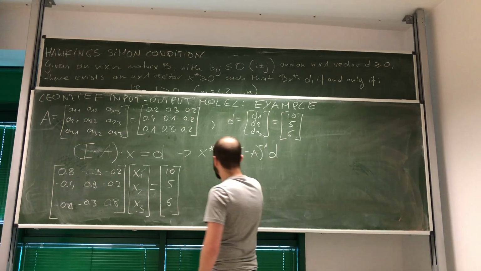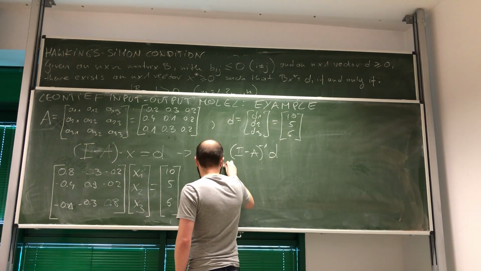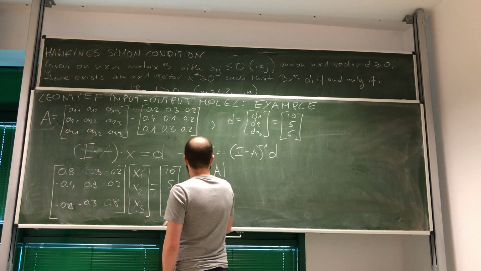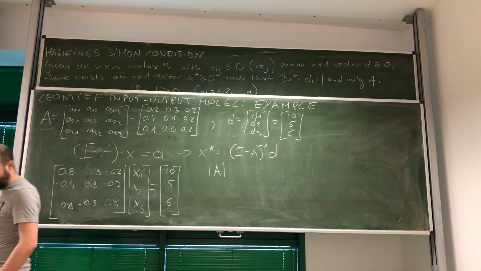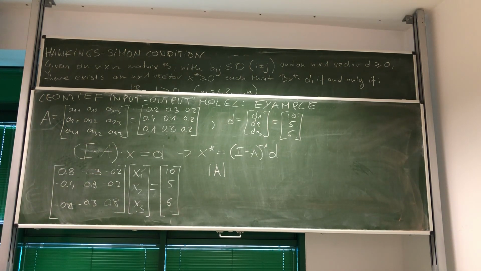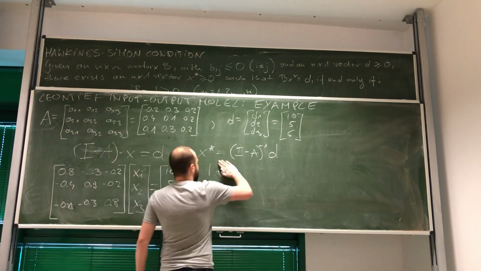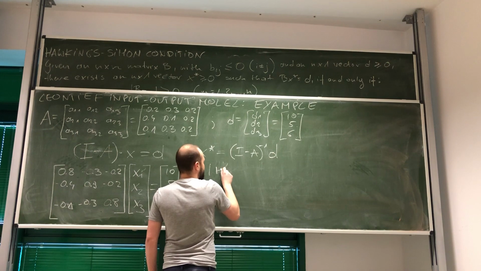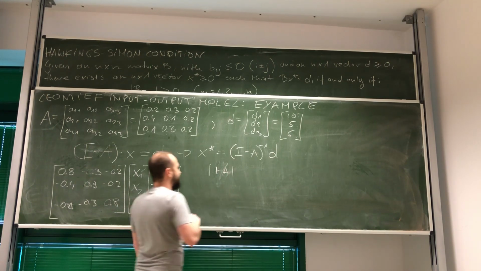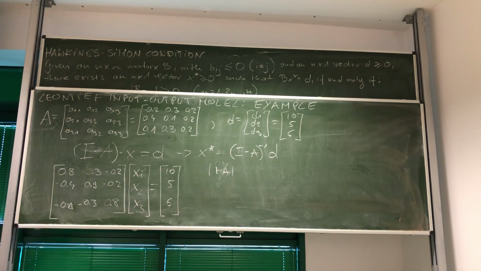So what we would do here is find the determinant of the Leontief matrix, and if it's different than 0, then we know we can find equilibrium solutions.